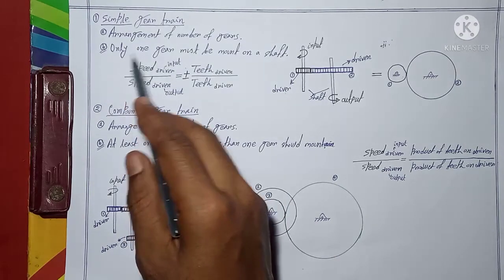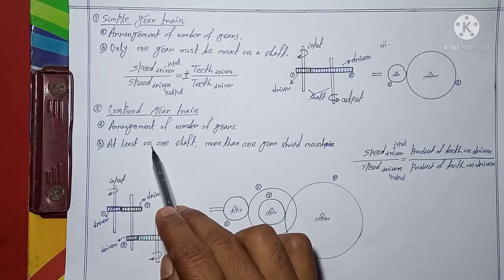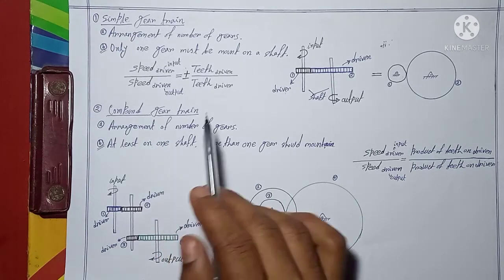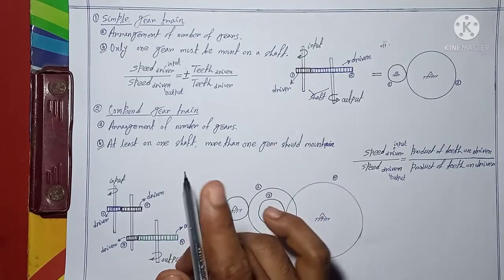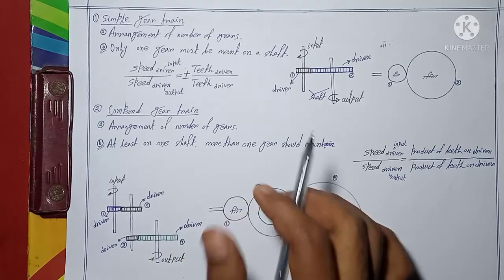There it was said that on a single shaft only one gear will be there, but here it is said that there may be a number of shafts, but at least on one shaft more than one gear should be mounted.